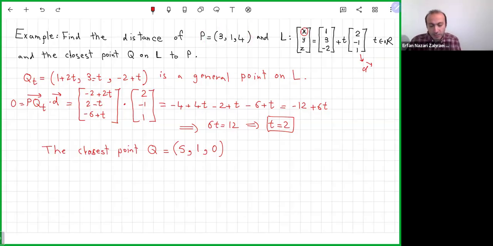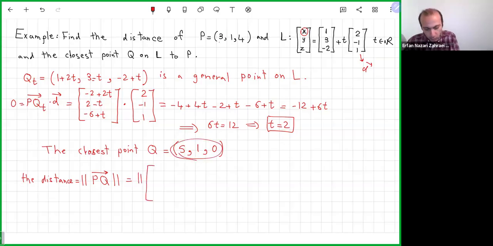Now the distance between P and L is the same as the distance between P and this closest point. So I compute the length of PQ. And this will be the distance that I'm looking for. Okay, PQ, what is it?